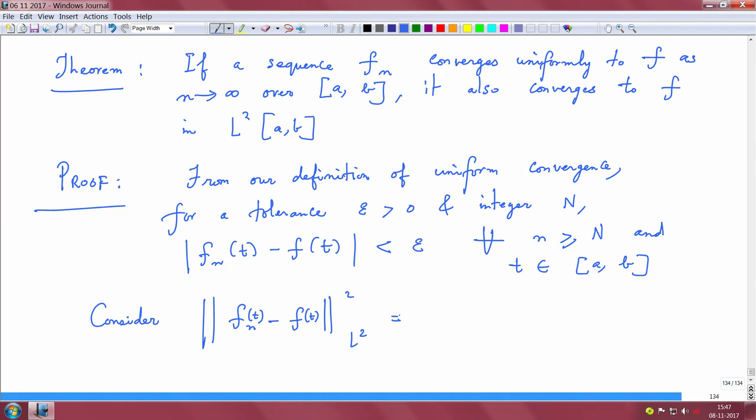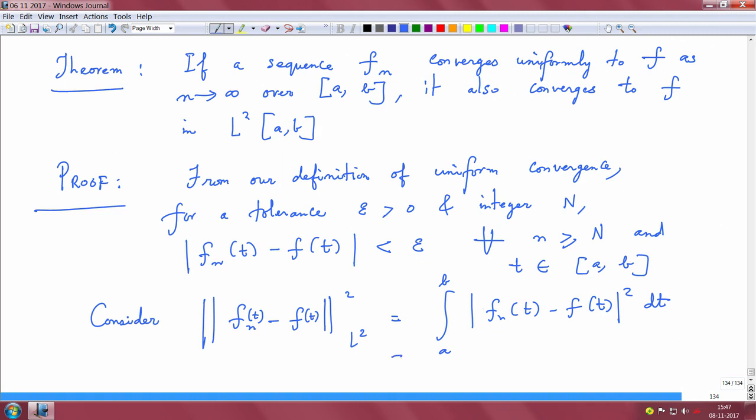Okay, this is basically the integral from a to b of, from our definition, mod fn of t minus f of t squared dt, right. This is by definition. Now, assuming this property, it is less than or equal to epsilon, right.